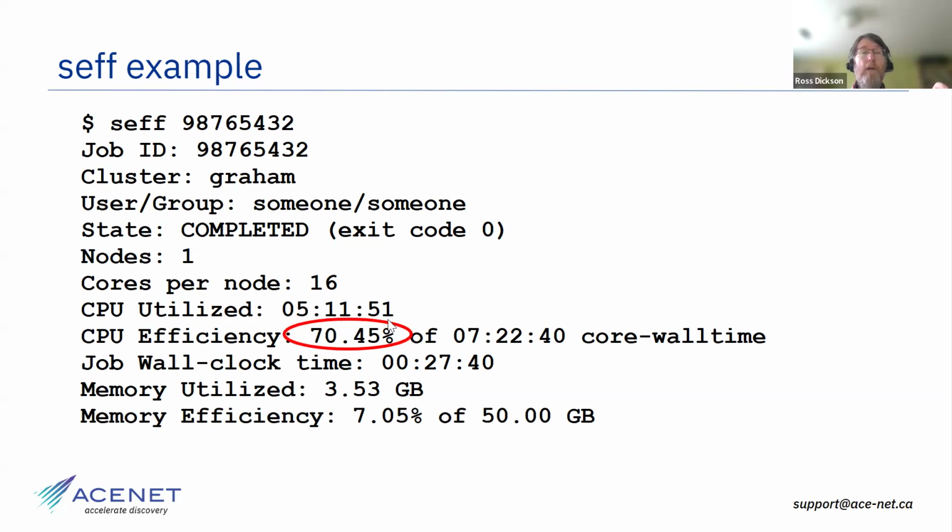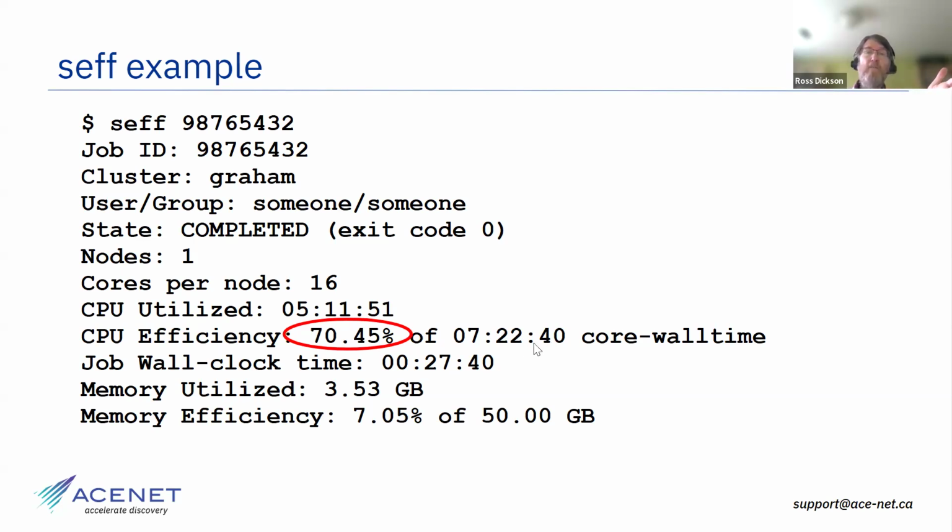There was 7 hours and 22 minutes of core wall time. What's that mean? Wall clock time was 27 minutes. If you multiply 27 minutes and 40 seconds times 16 cores, that will give you, I promise, 7 hours, 22 minutes, and 40 seconds.